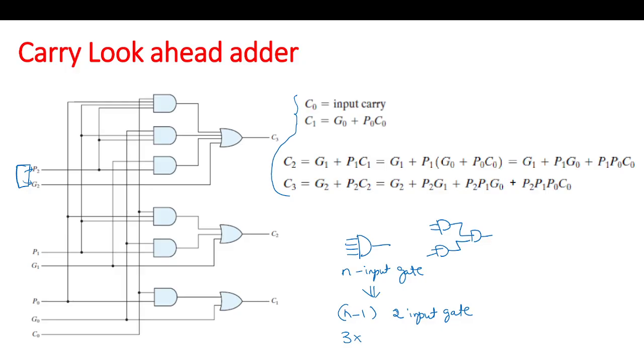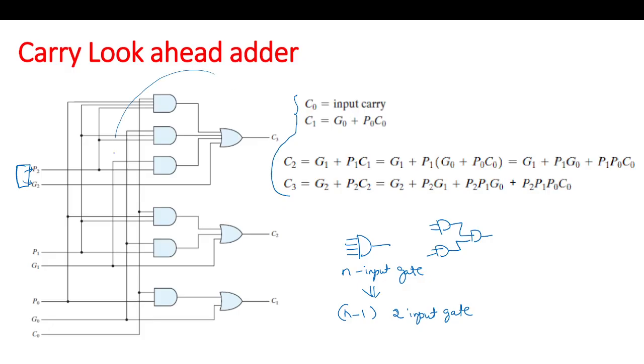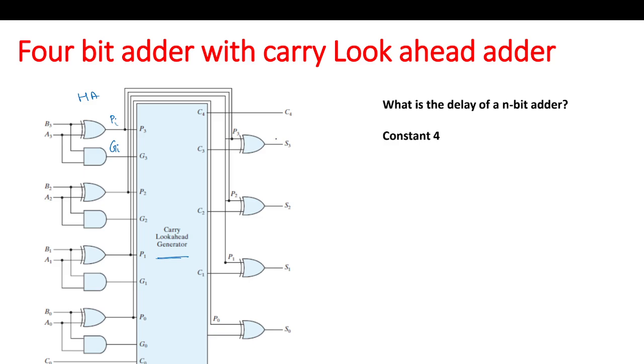If we consider the ripple carry adder, okay, the 4-bit adder, we have the half adder which gives the propagate and the generate statement, and the carry lookahead generator block, and we need the XOR to generate the sum.